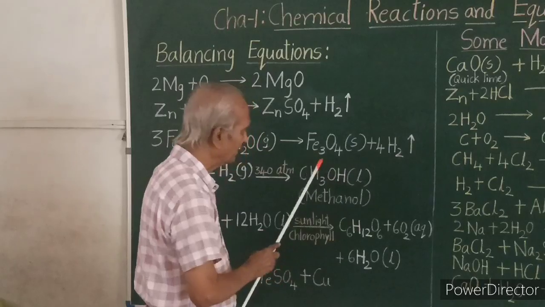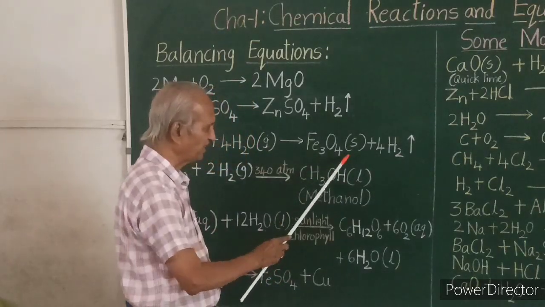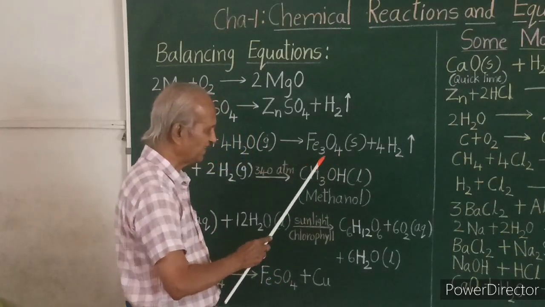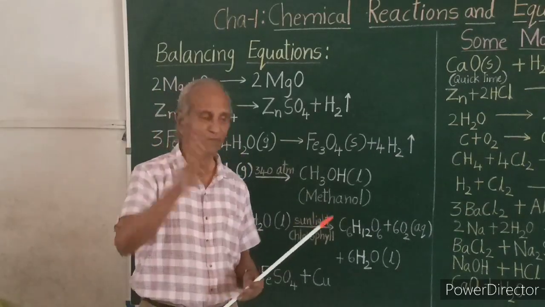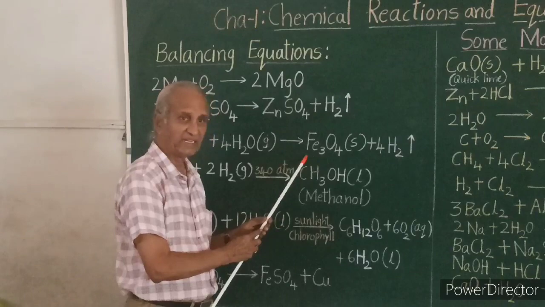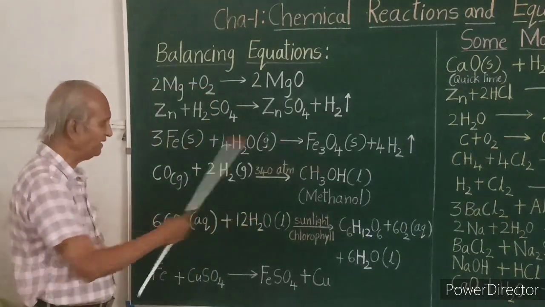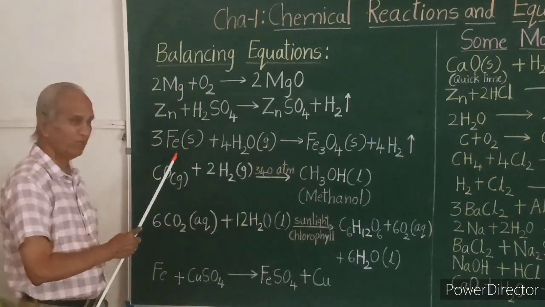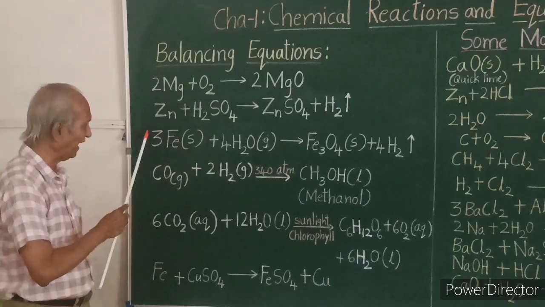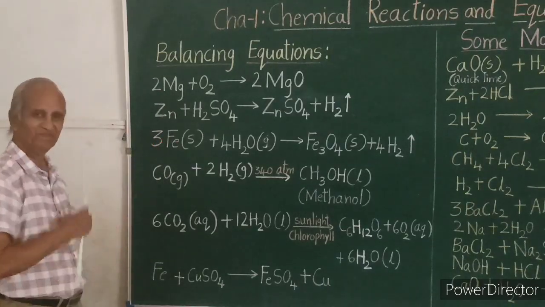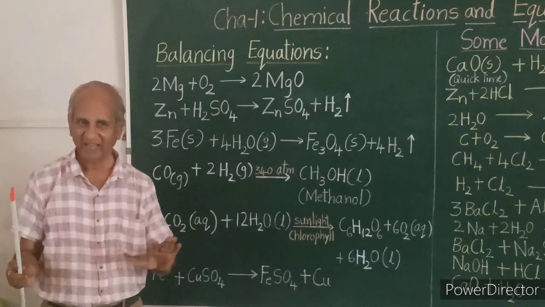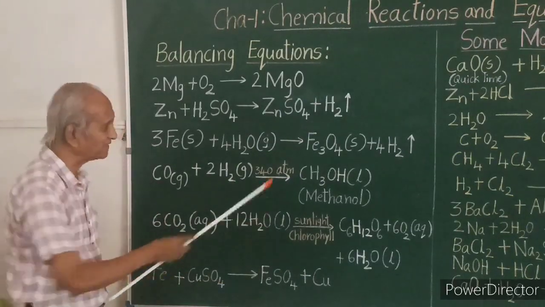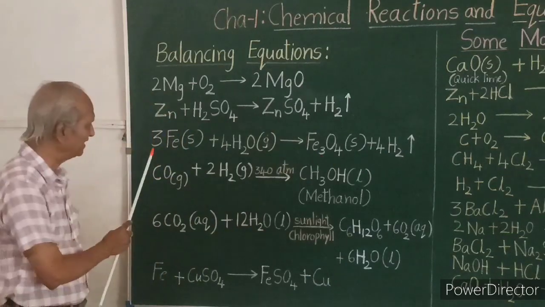In the products, it's only here where you have Fe3O4. Fe3 is here. That means 3 atoms of iron. Is it balanced here? No, here I have only 1 atom of iron. So I add 3 here. Iron has got balanced. Iron atoms, their position is balanced. Fe3, 3 Fe.